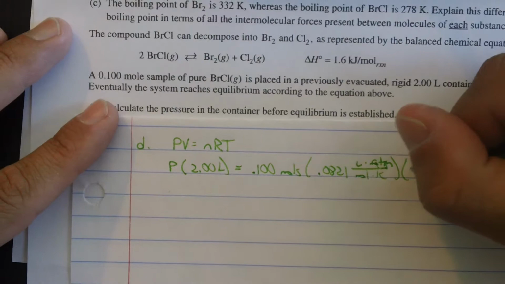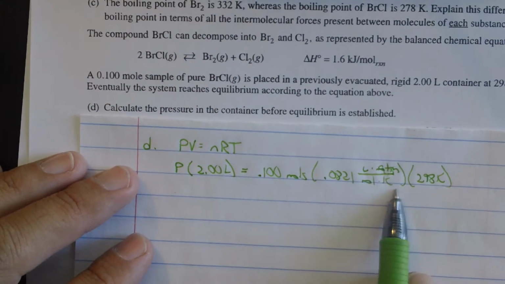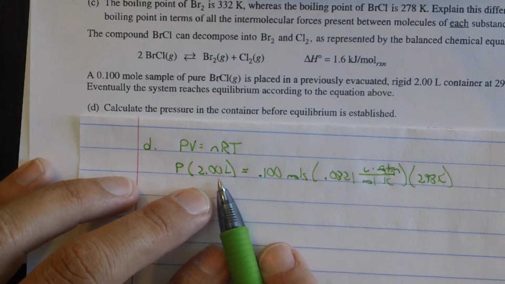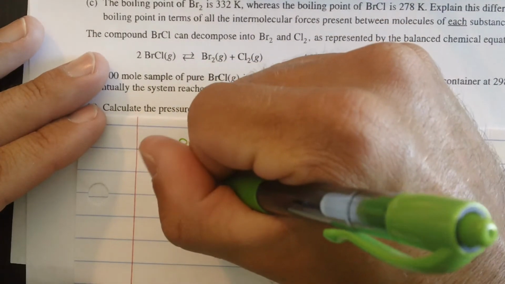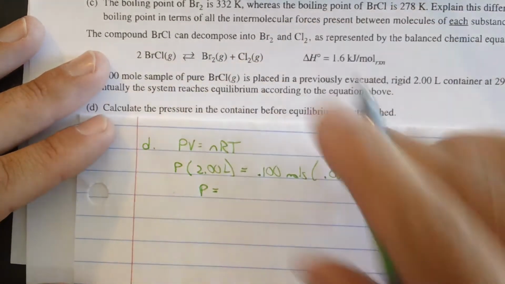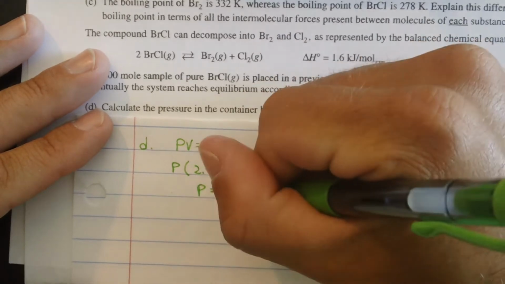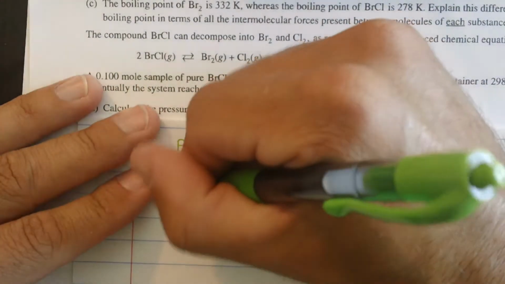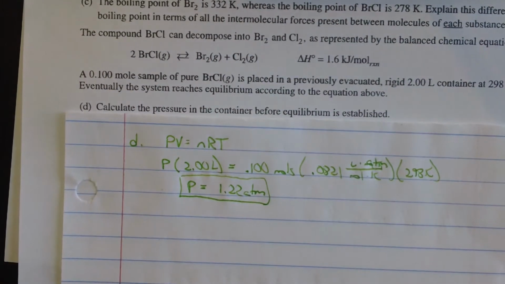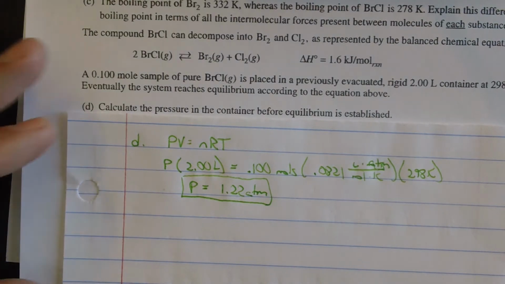Times the Kelvin temperature, 298 Kelvin. All the units should match. Moles, moles, Kelvin, Kelvin. Liters, liters. Make sure that's in liters. Don't get caught. And then our pressure will be in atmospheres. And if we plug this in, our pressure equals 1.22 atmospheres. That's us. That's part D. You get a point for part D.